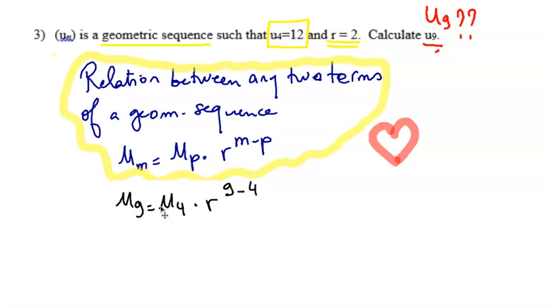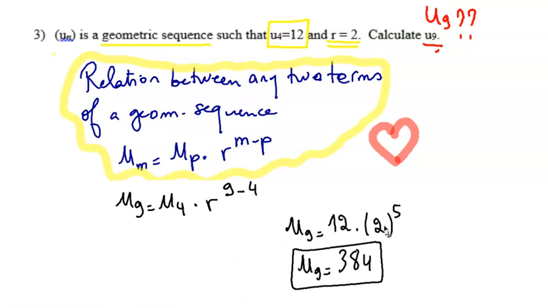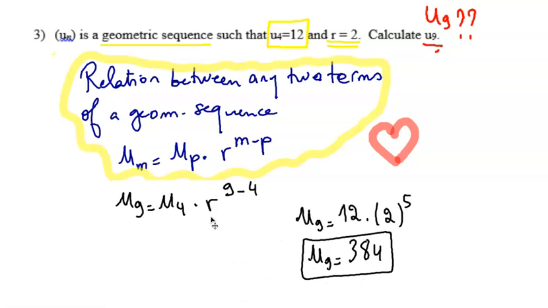We know u4, we replace it by its value. We know r, we replace it by its value, and then we will have u9. So u9 is 12 times 2 to the exponent 5, which is 384.